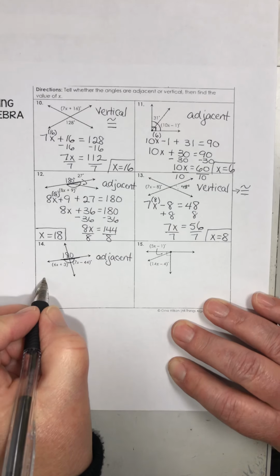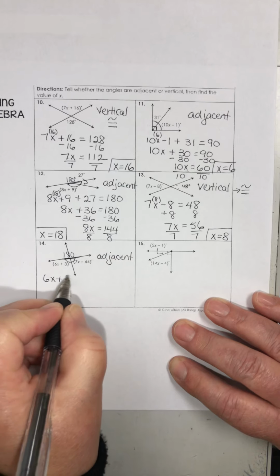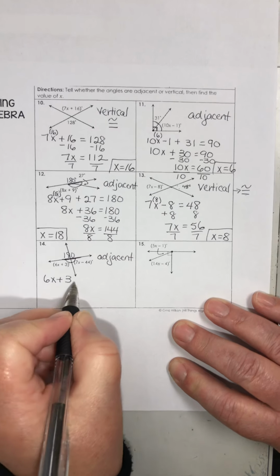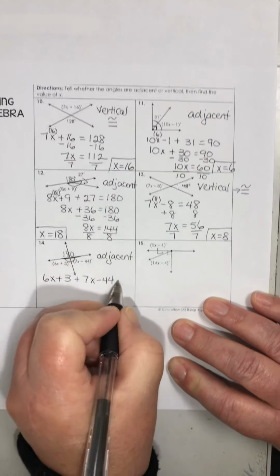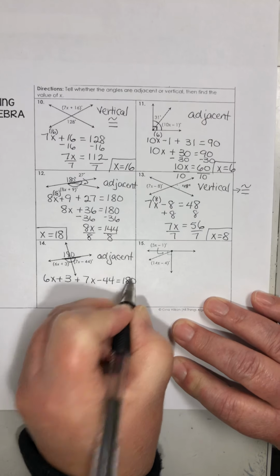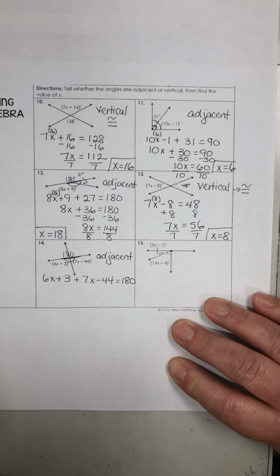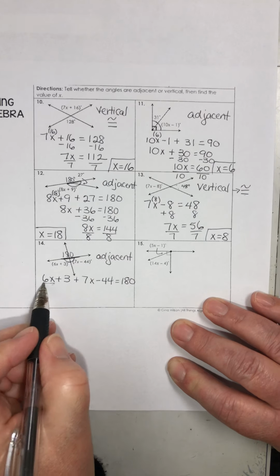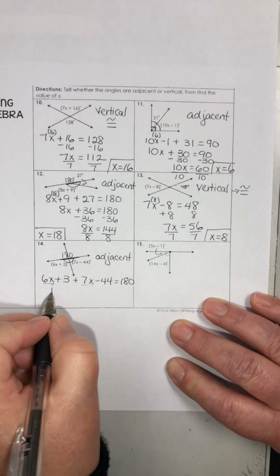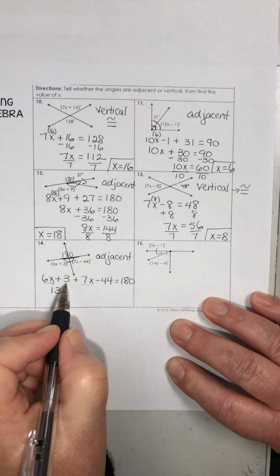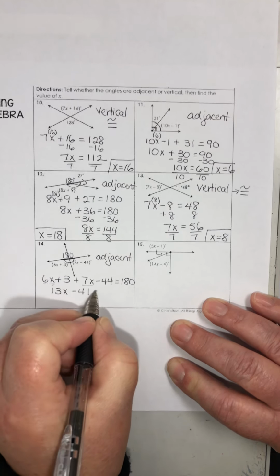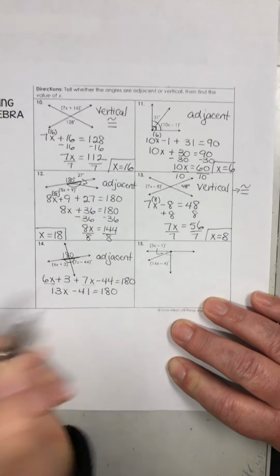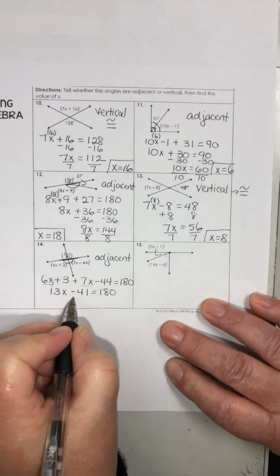And so we're going to add those together. 6x plus 3, there's one angle, plus 7x minus 44. Together, they equal 180 degrees. Combine like terms, so I combine my x's, I get 13x. Combine 3 and negative 44, I get a negative 41 equals 180. And there we are at our two-step equation.